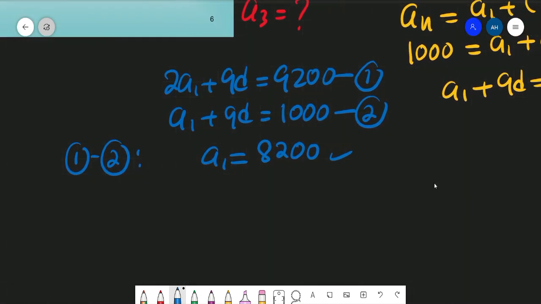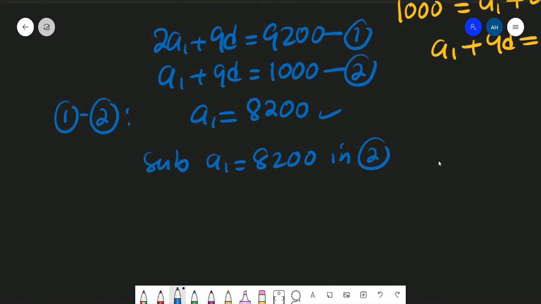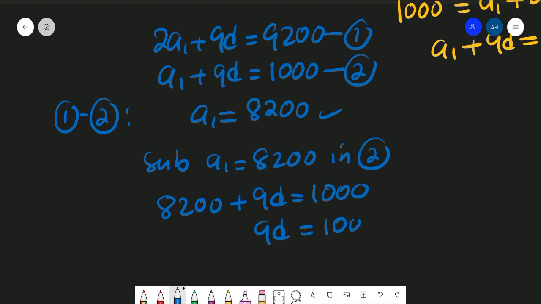Let's substitute a1 equal to 8,200 in equation number 2. See what happened. We have a1, that is 8,200, plus 9d equal to 1000. So we have 9d equal to 1000 minus 8,200.